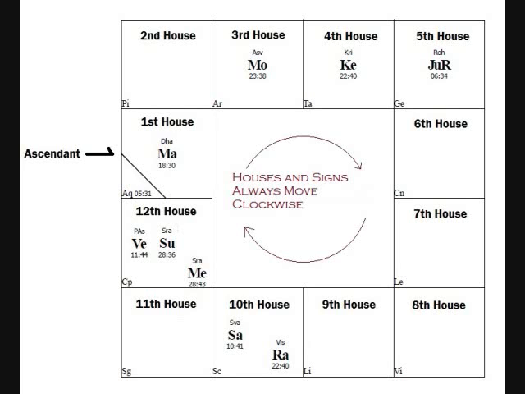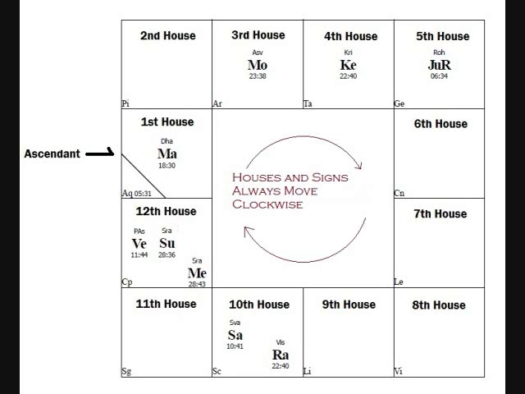Every house will have a sensitive point at 5 degrees based off of this ascendant. So planets close to that degree will have a strong impact upon that house. For example, if we look at Jupiter in Gemini in the 5th house, which is at 6 degrees 34, that's going to show that Jupiter is going to have a stronger, more sensitive impact on the 5th house because it's closer to that initial ascendant degree.